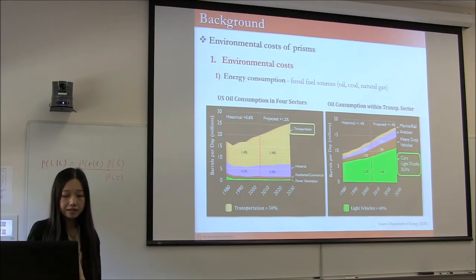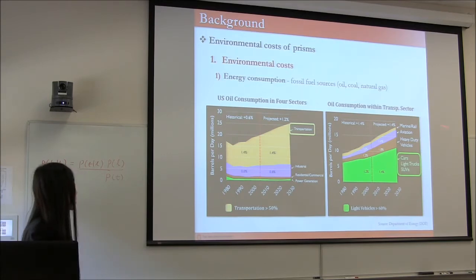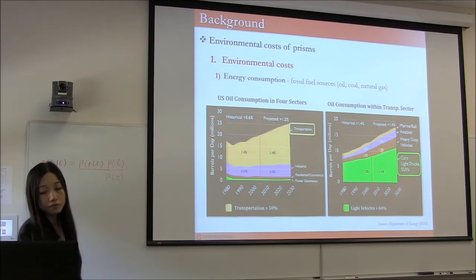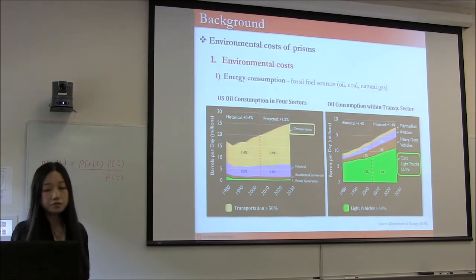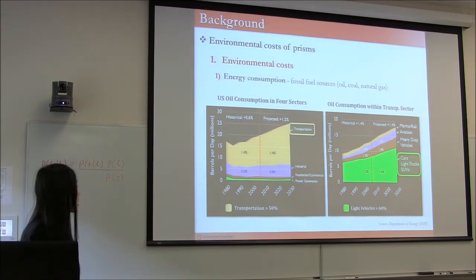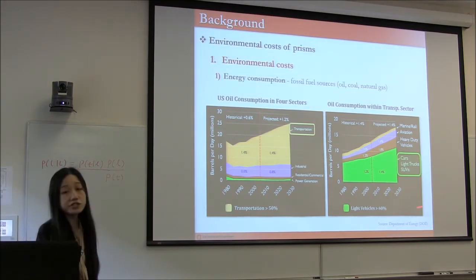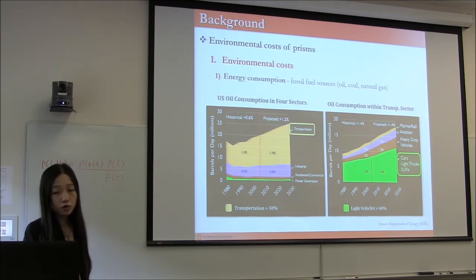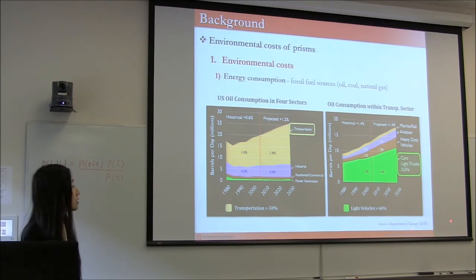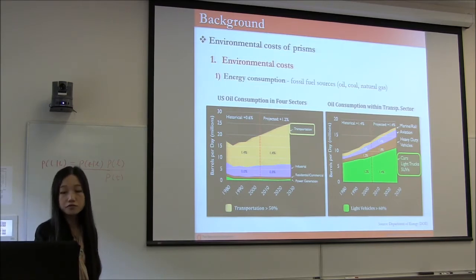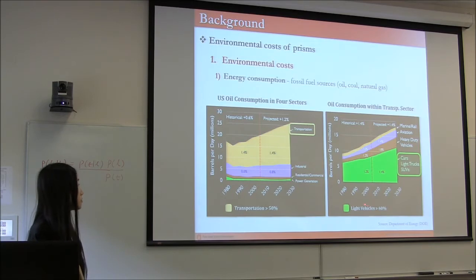The reason we look at it is because the transportation sector, among the four sectors of oil consumption, takes over 50%, over half of the oil consumption in the United States. And within the transportation sector, light vehicles, which include cars, light trucks, and SUVs, take over 60% of the oil consumption.